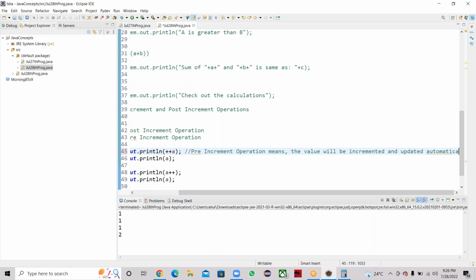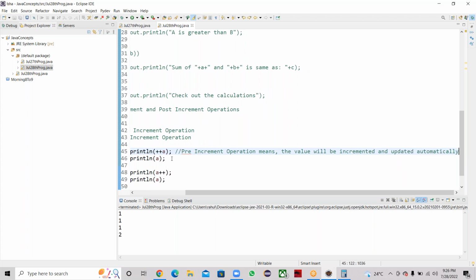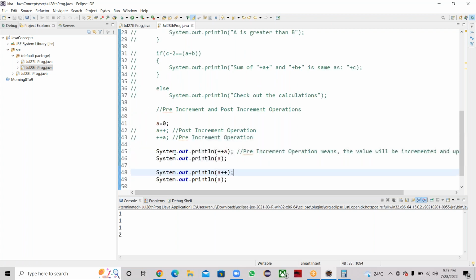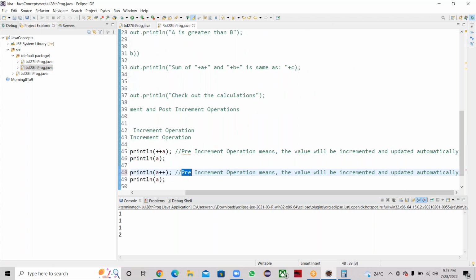Post-increment operation means the value will be incremented and stored in a buffer. Once you call that value a again, the value will be fetched from that buffer location, the temporary value, and it will refresh and print the updated value. Yeah, got it.